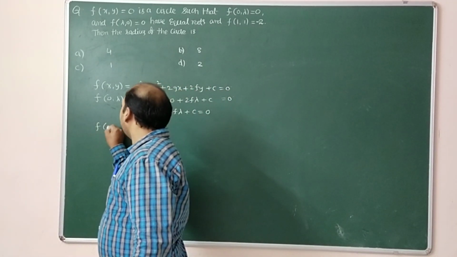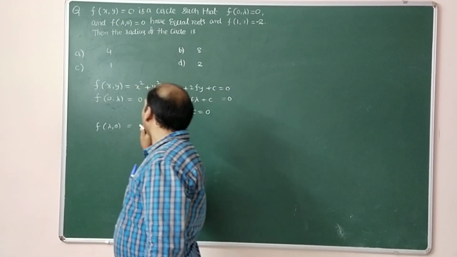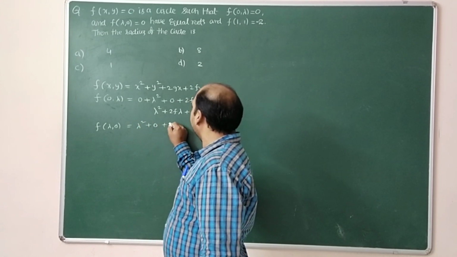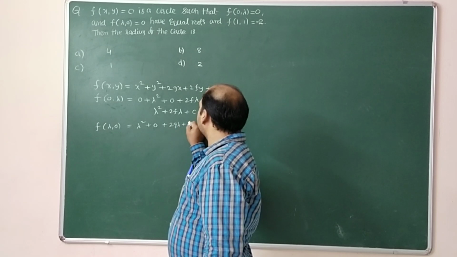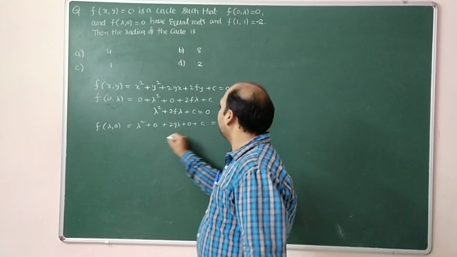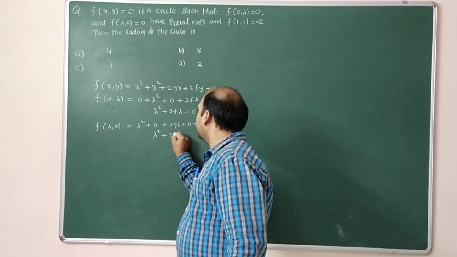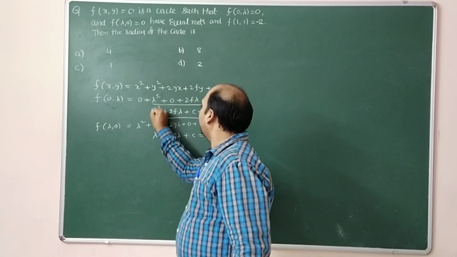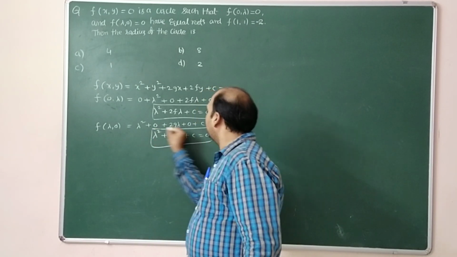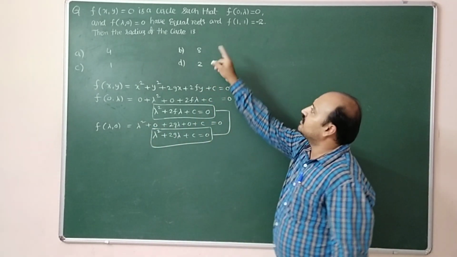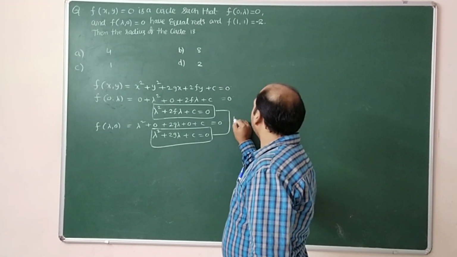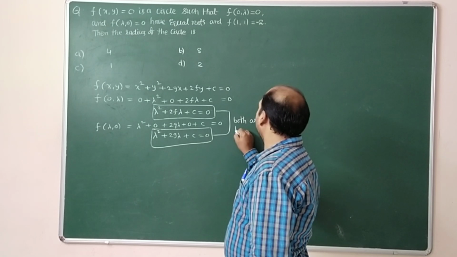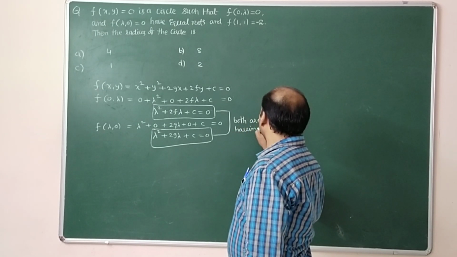Similarly, f of lambda comma 0 is also equal to 0. So lambda square plus 0 plus 2g lambda plus 0 plus c equal to 0. So lambda square plus 2g lambda plus c equal to 0. So this equation and this equation both are having equal roots. They mentioned that both are having equal roots.